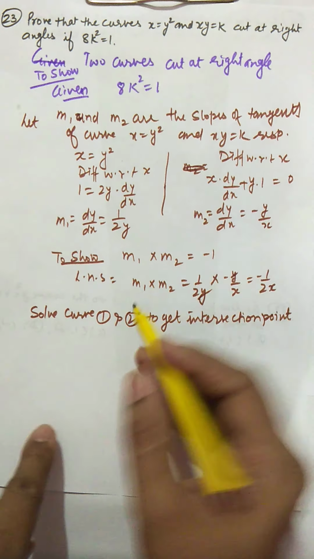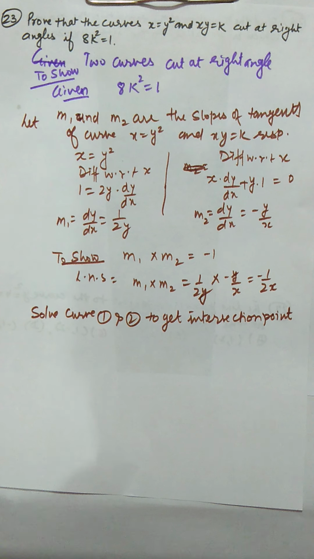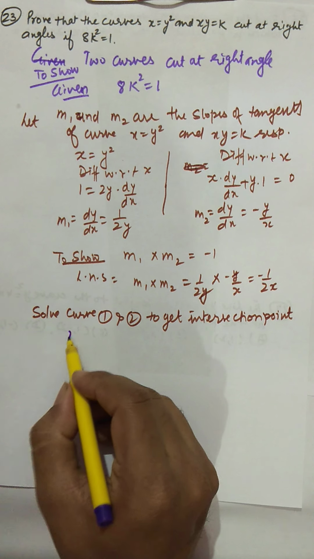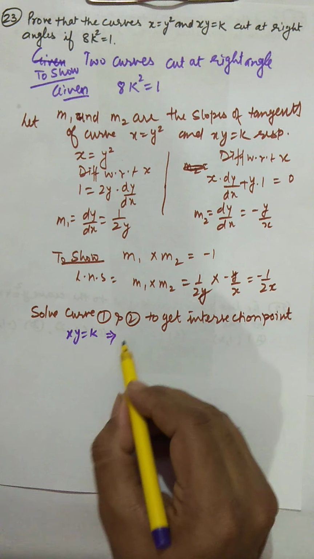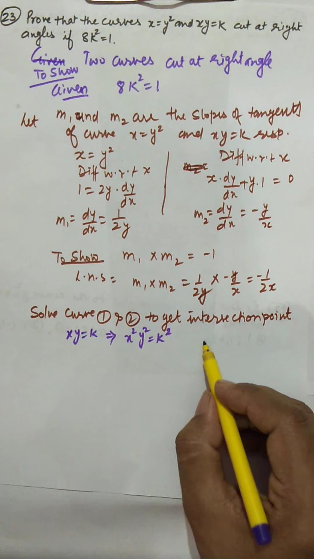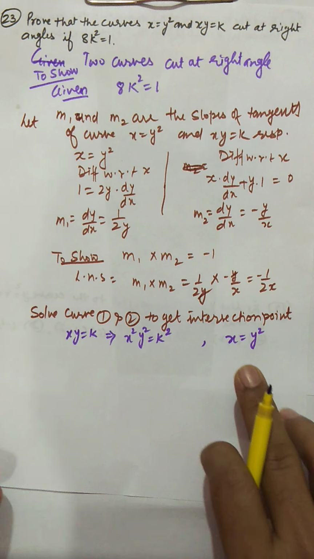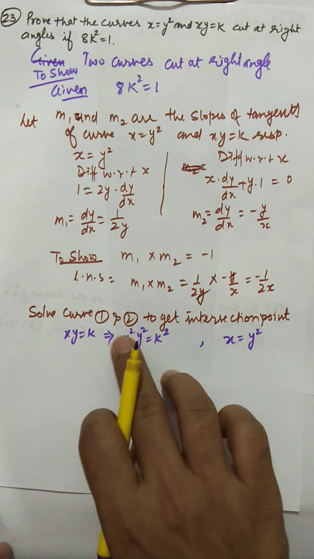So you can see that xy is equal to k, and the other curve is x equal to y square. Now we can solve it: we have xy equal to k, and we can do the squaring here. So we get x square y square is equal to k square, and the other curve is x equal to y square. I have done the squaring so that I can directly put the value of y square from this.